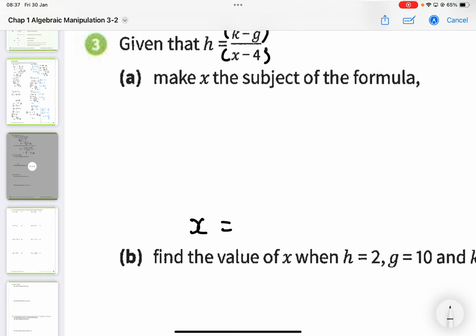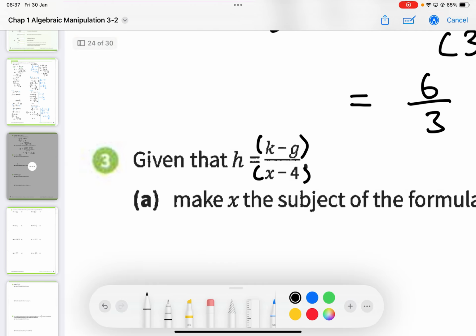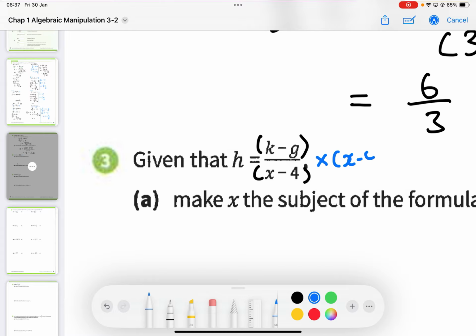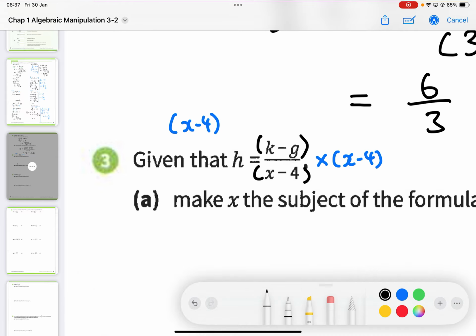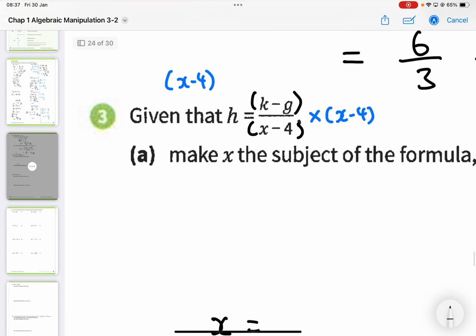I don't want this bracket to be the denominator. On the right, I need to multiply both sides. So it will appear like it crosses the equal sign, from denominator becoming numerator.